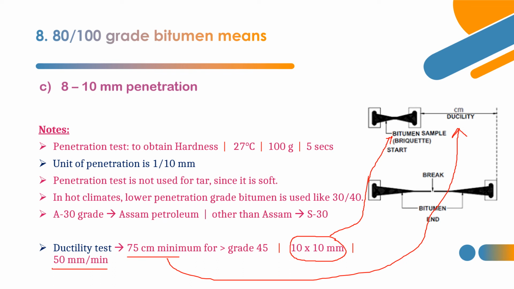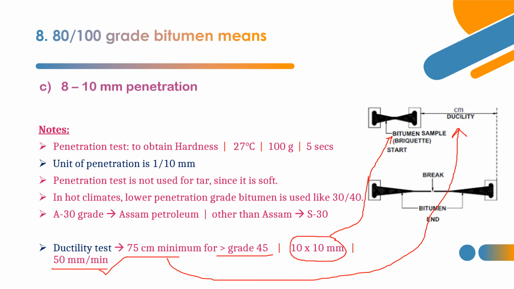And the ductility rate is 50 mm per minute. So these are the basic things in the ductility test. So 75 centimeter is the minimum value of ductility for a grade above 45, the standard briquette size shall be 10 mm cross 10 mm, and the rate of the ductility test is 50 mm per minute.